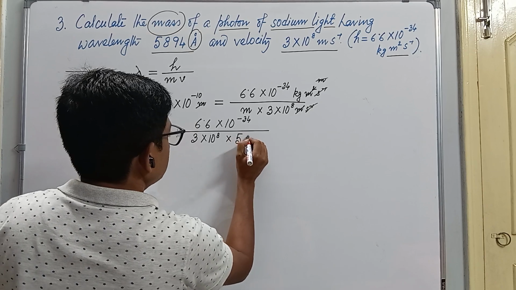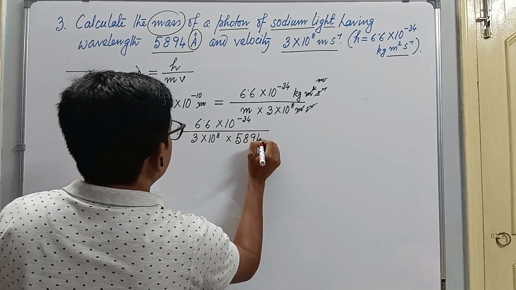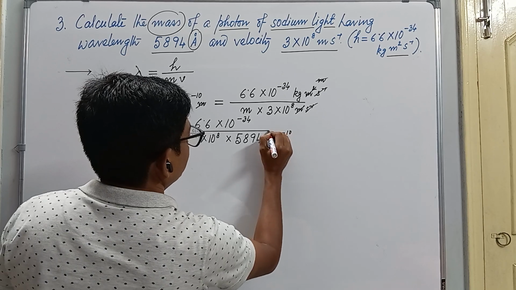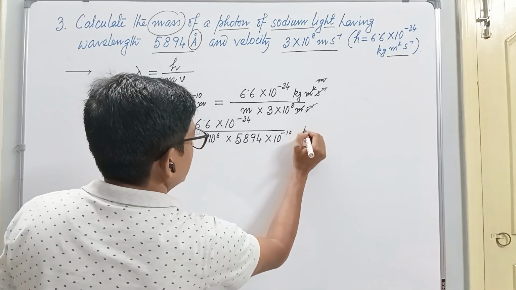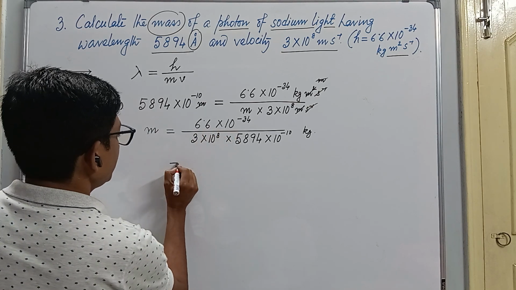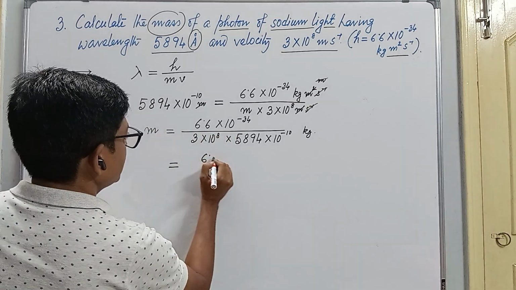So 5894 into 10 to the power minus 10. So what is left over? Only the kg unit. Okay, so we need to simplify as we have done previously.